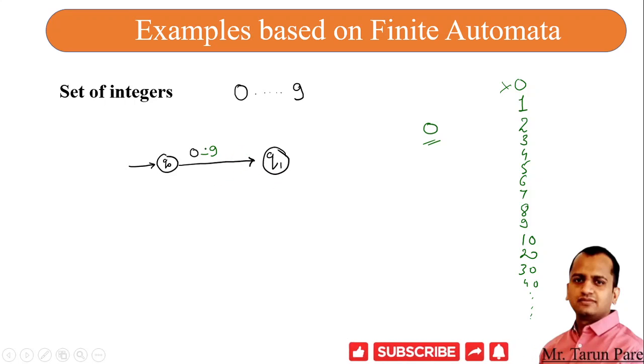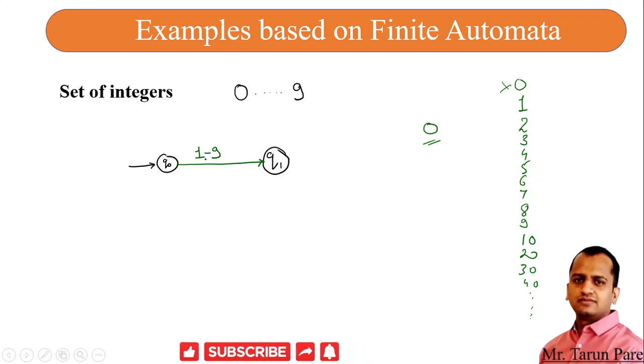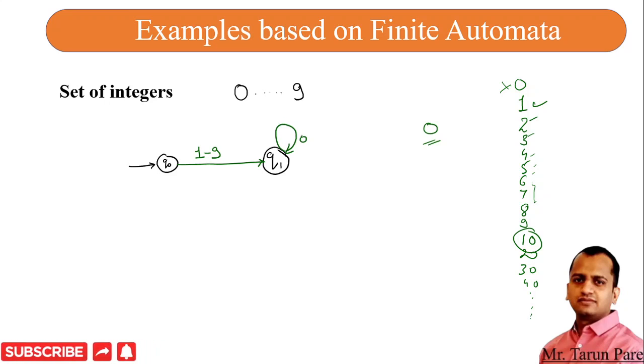So what we do is pass the symbols from q0 to q1 which start with 1 to 9. Any symbol from 1 to 9 will be passed through this. Then what about 10? For 10 we make a loop here of 0.